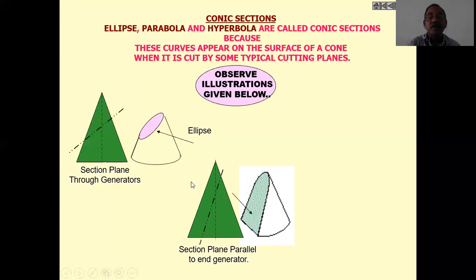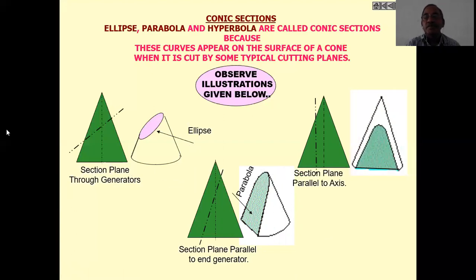Let us go to the next one. Before that we have to discuss another thing. In the ellipse, alpha is greater than theta. In the parabola, alpha is equal to theta, but now it is further reduced.